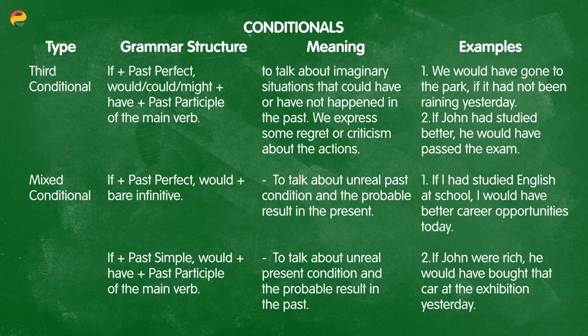If I had studied English at school, I would have better career opportunities today, moving from past to present. Or you can use if with the past simple, followed by would, plus have and the past participle of the main verb in the main clause. If John were rich, he would have bought that car at the exhibition yesterday.